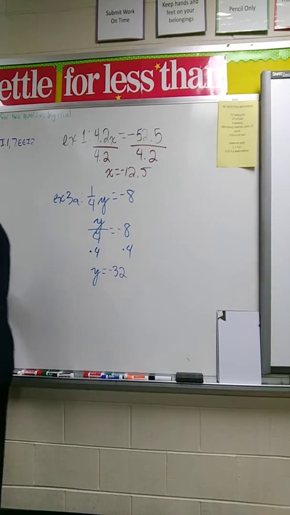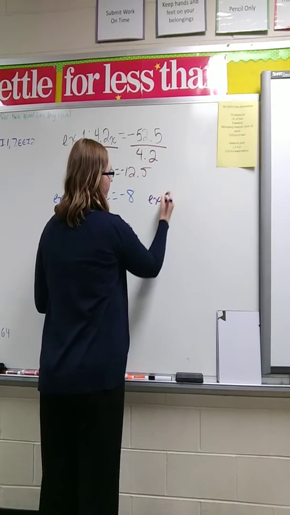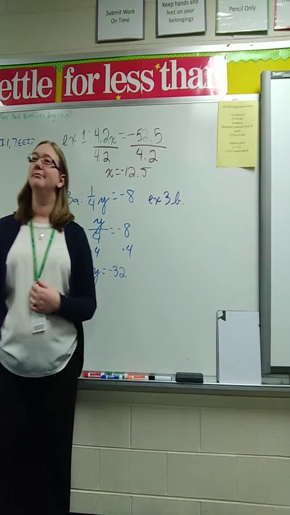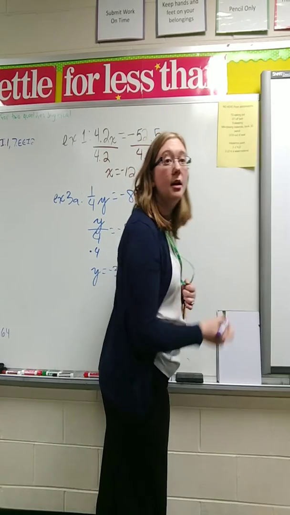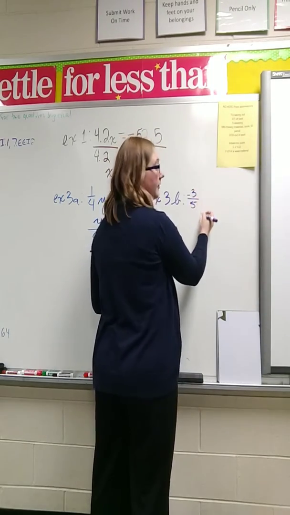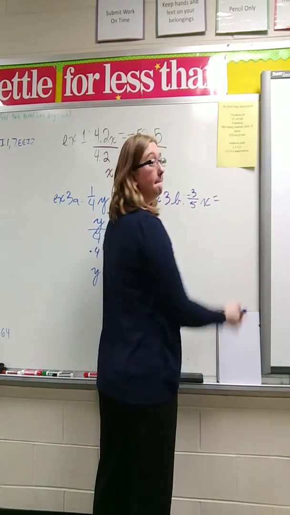Let's look at one more. If I look at example 3b, what does example 3b say? Negative 3/5 x is equal to what?